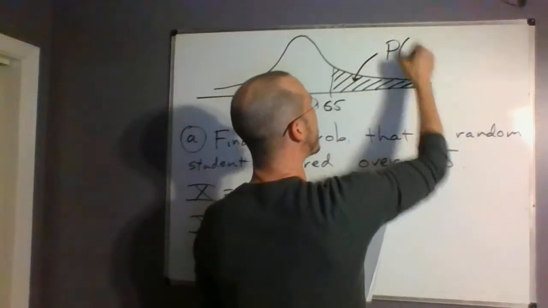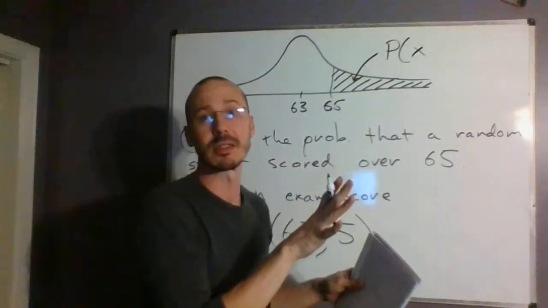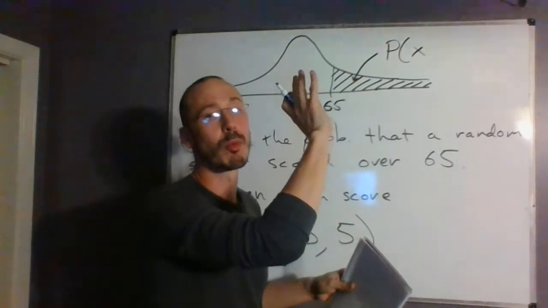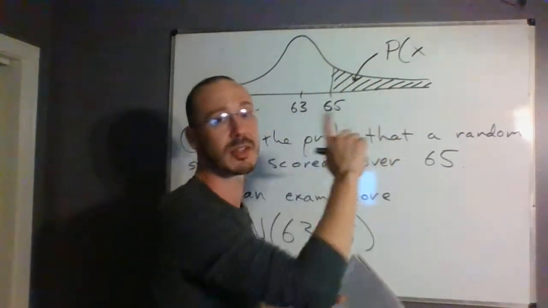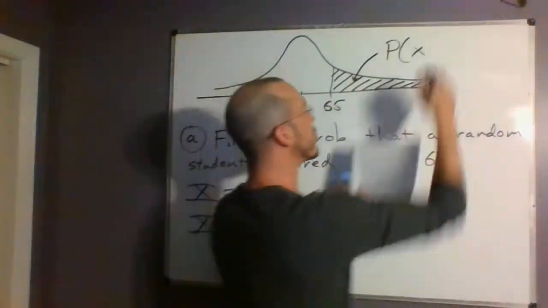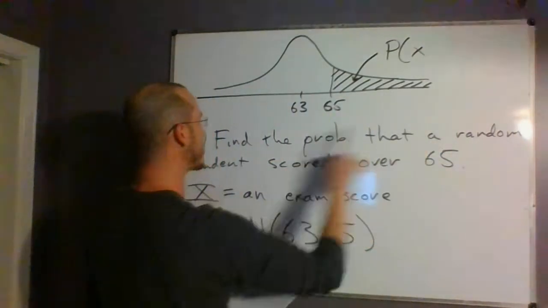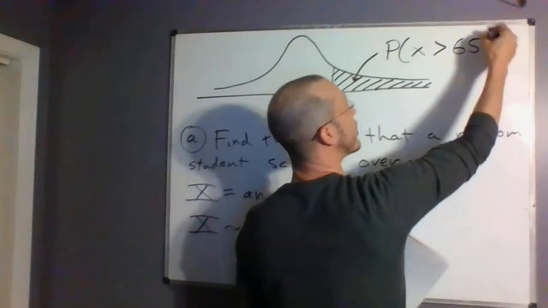That's the probability that, I'm just going to call it X instead of capital X. We're using numbers in this case, so we don't have to have the fancy X. There's only one X. It's just the probability that that randomly selected score is greater than 65.